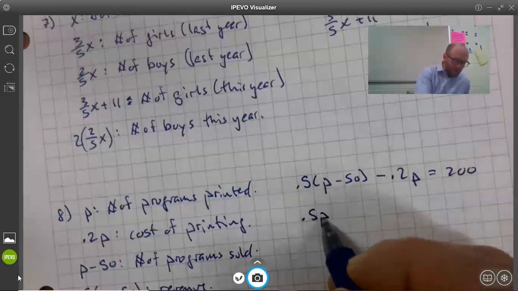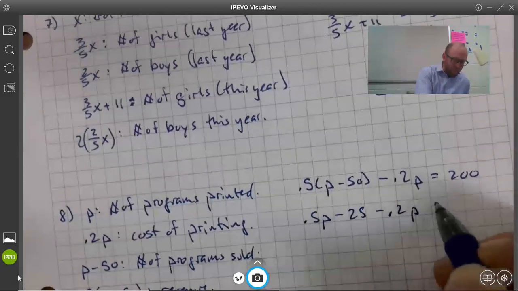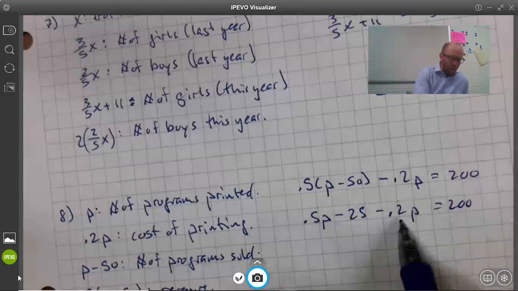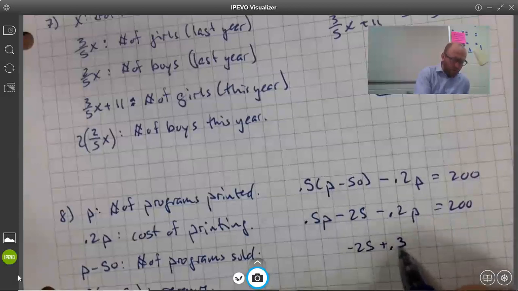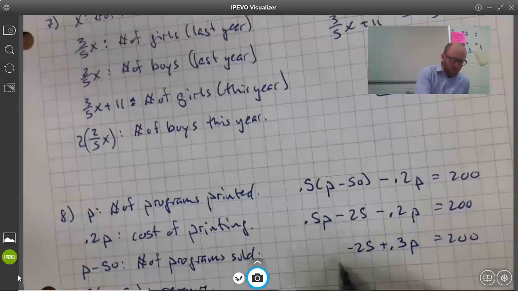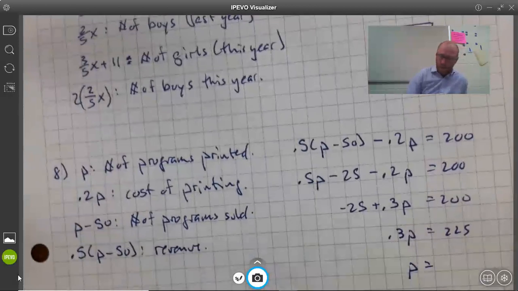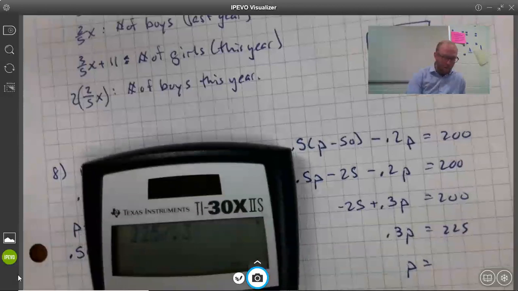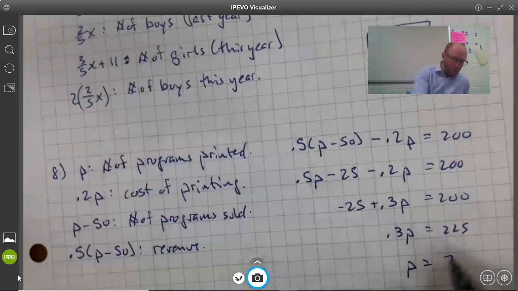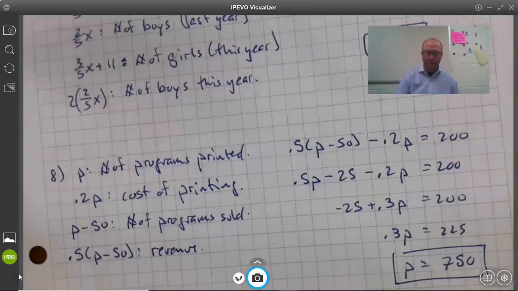Distribute the 0.5 over P minus 50. 0.5 times 50 is 1/2 times 50, that's 25, minus 0.2P is 200. 0.5 minus 0.2 is 0.3P. 200, add 25 to each side is 225, and then we divide by 0.3, and we get 225 divided by 0.3 is 750 programs. Alrighty, so drivers in distress.